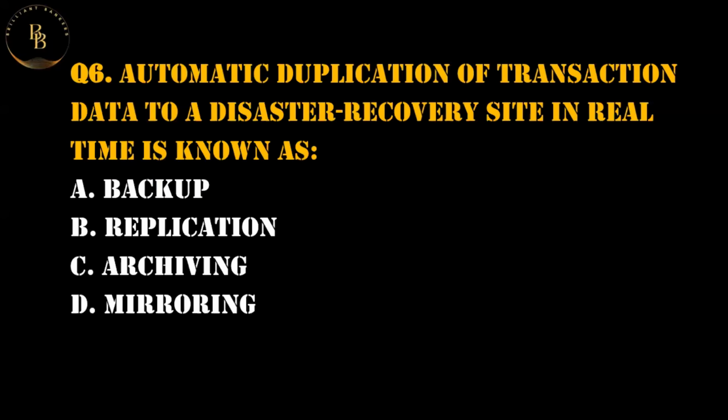The right answer is replication. Replication keeps a live copy of data at a remote DR site for quick recovery. RBI's cyber resilience framework requires near real-time replication and periodic DR drills to be conducted to ensure the minimal downtime of the network.